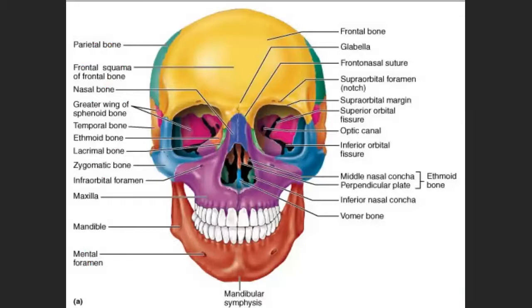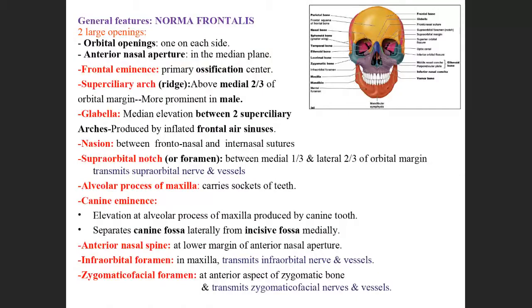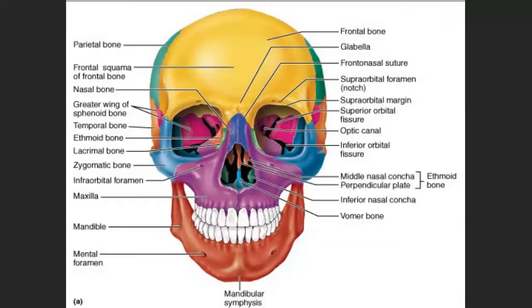It is the area between the frontal bone, nasal bone and the junction of the two nasal bones. Okay, that is called nasion. And the supraorbital notch. Where is the supraorbital notch? This is the supraorbital notch, this part on the medial side. Okay.